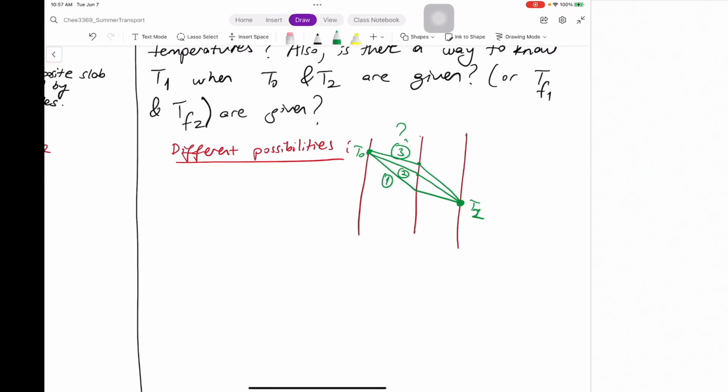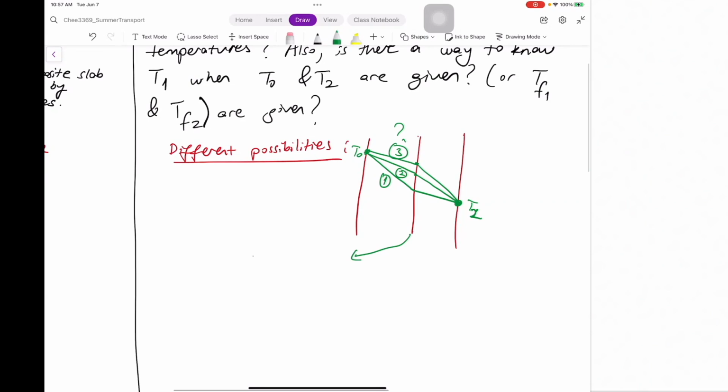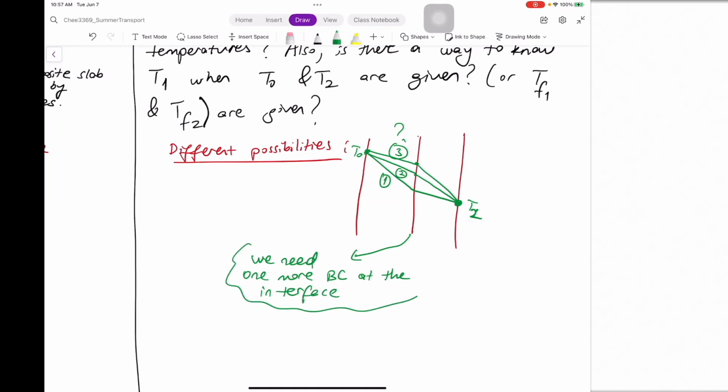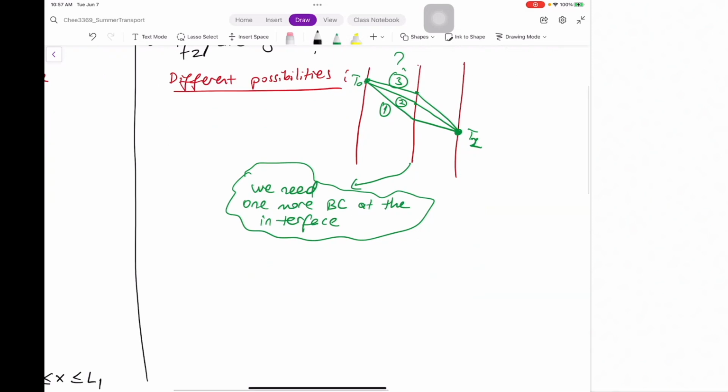So you need to have one more boundary condition. We need one more boundary condition at the interface. Okay. So here's the boundary condition, BC.